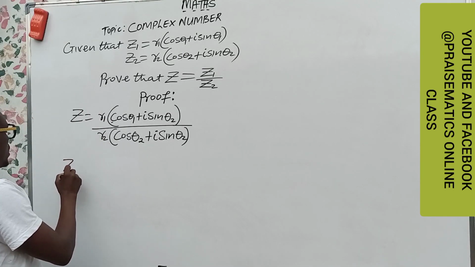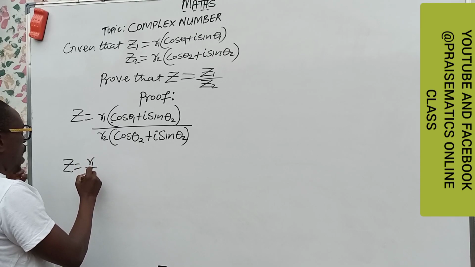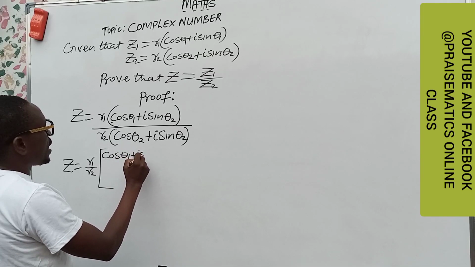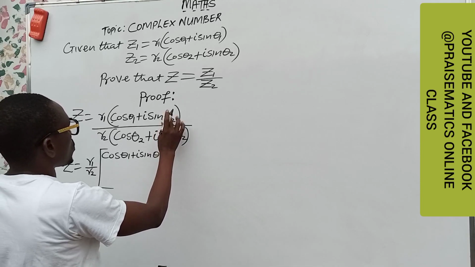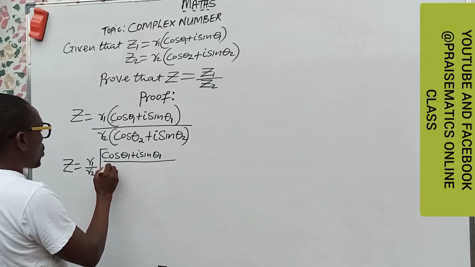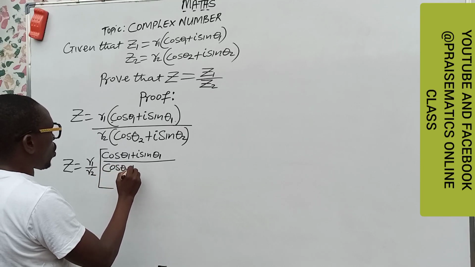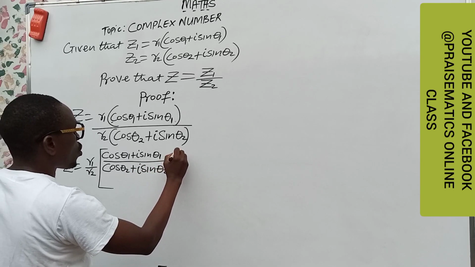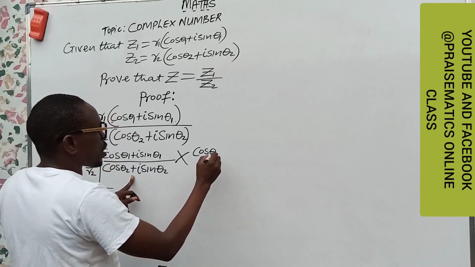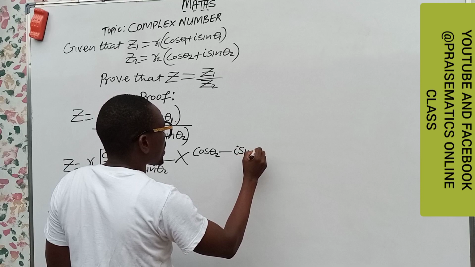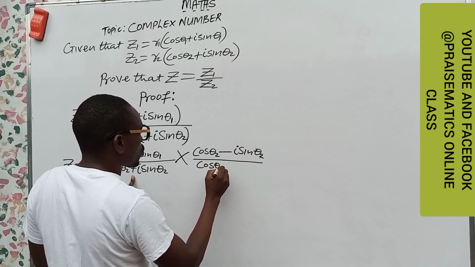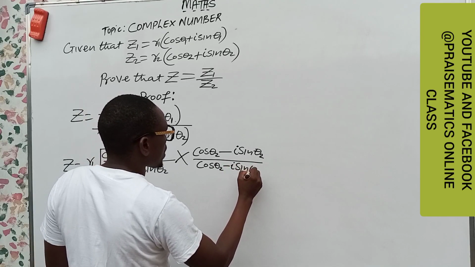So finally, Z is equal to R1 over R2 into bracket: cos theta 1 plus I sin theta 1 all over cos theta 2 plus I sin theta 2, all multiplied by the conjugate of the denominator, which is cos theta 2, the plus changes to minus, I sin theta 2, all over cos theta 2 minus I sin theta 2.